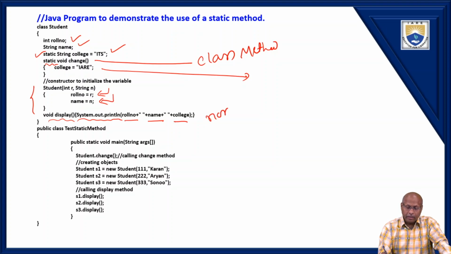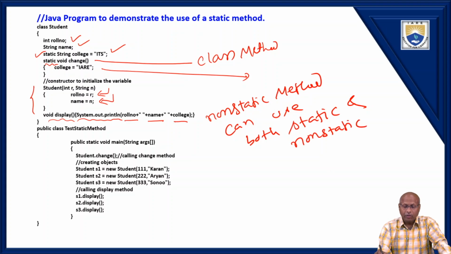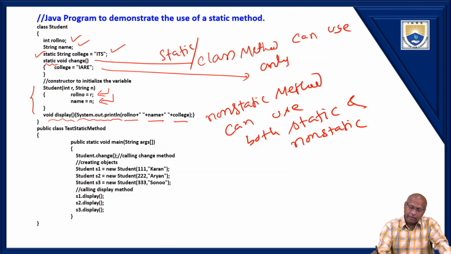So I will write here: a non-static method can use both static and non-static, whereas a static method or a class method can use only static.